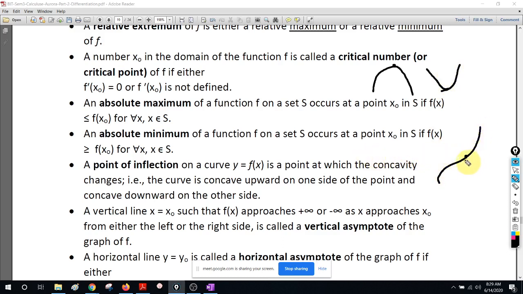This can be of different shapes again. It can be something like this, this, this, or this. All these points are points of inflection. But what we are more interested in is something like this or this.